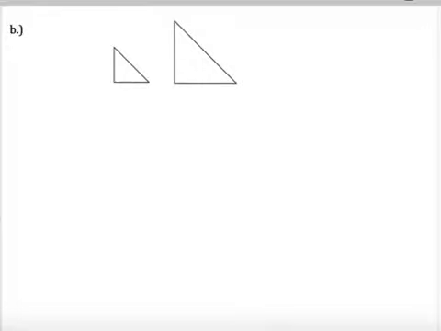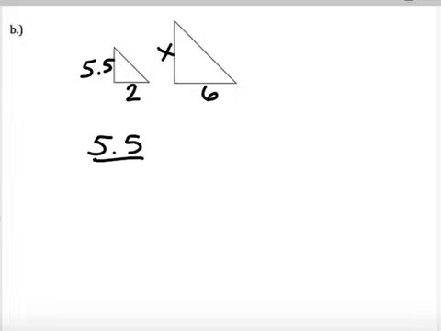This time, let's say that someone is 5.5 feet tall. Their shadow is only 2 feet long. This unknown tree has a shadow length of 6. Go ahead and set up a proportion for this scenario, please. And that proportion might look like 5.5 over 2 equals x over 6.